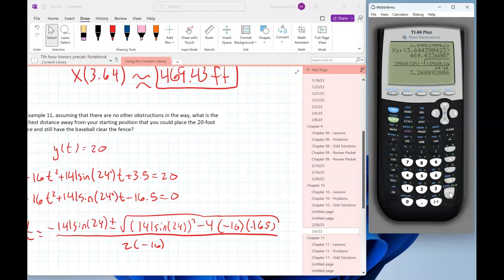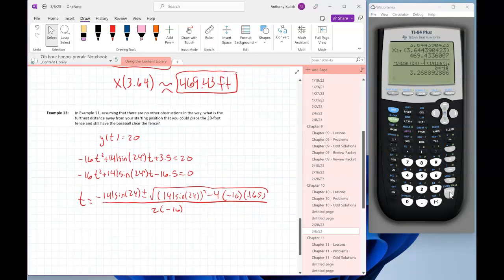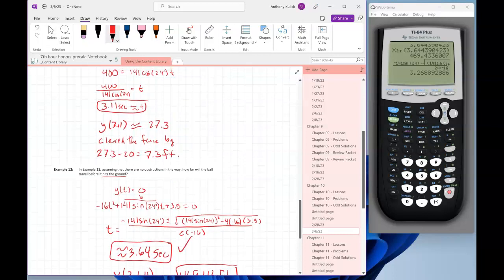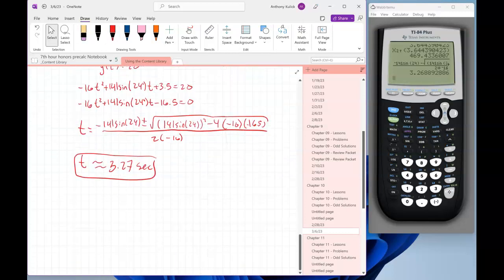So 3.27, does that seem about reasonable to you guys? Yeah, that sounds good to me because it's in between the 3.64, that's how far the ball goes before it lands, and the 3.11, that's where it went over the fence when the fence was 400 feet away. So I got something in between those. I feel real good about that. Everybody's good? Okay.